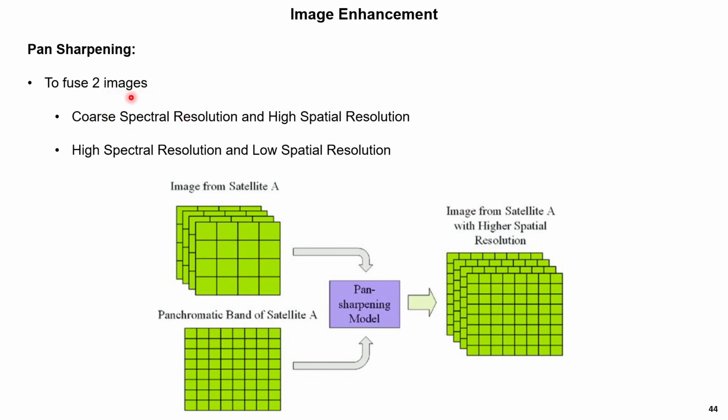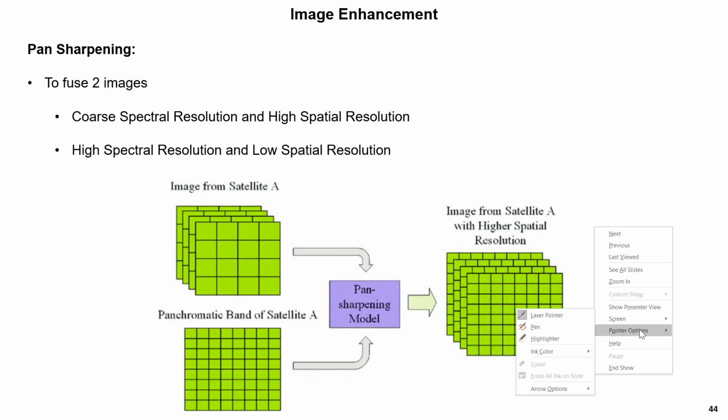The idea is we are going to combine or fuse two images. One will have a coarse spectral resolution, let's say 30 meter, and another one will have a fine spatial resolution. Your panchromatic image will have a very fine spatial resolution, let's say 10 meter. Now you are going to fuse these two images and you are going to get your output bands.